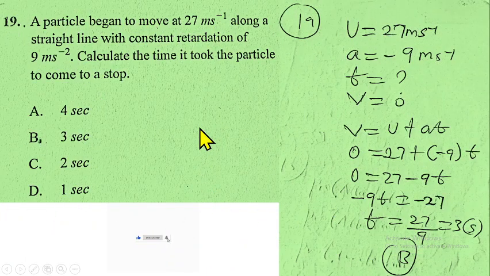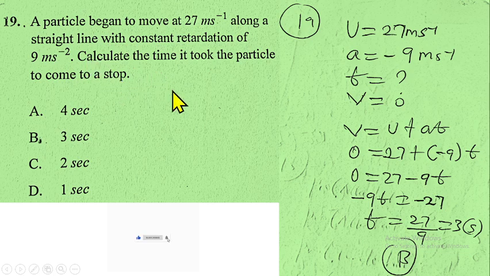Question number 19 is from motion. It's from mechanics, also in further mathematics. A particle begins to move at 27 meters per second along a straight line with constant retardation of 9 meters per second squared.